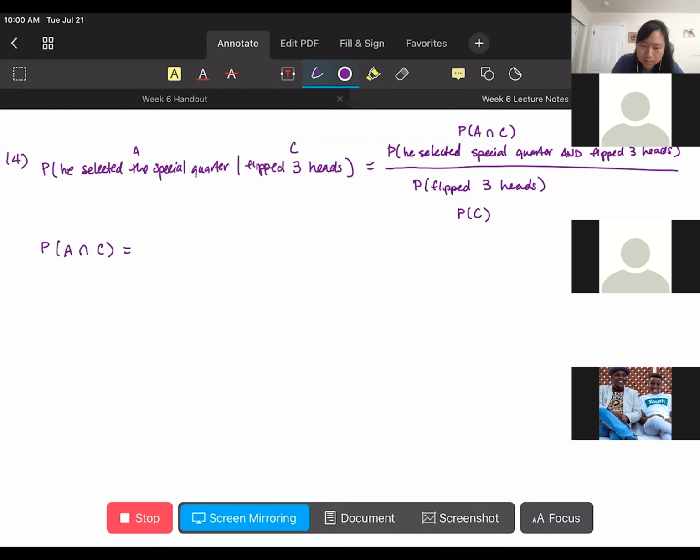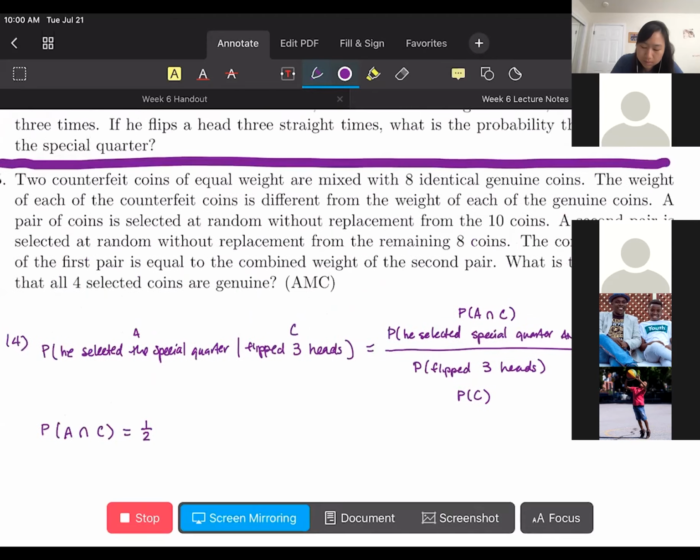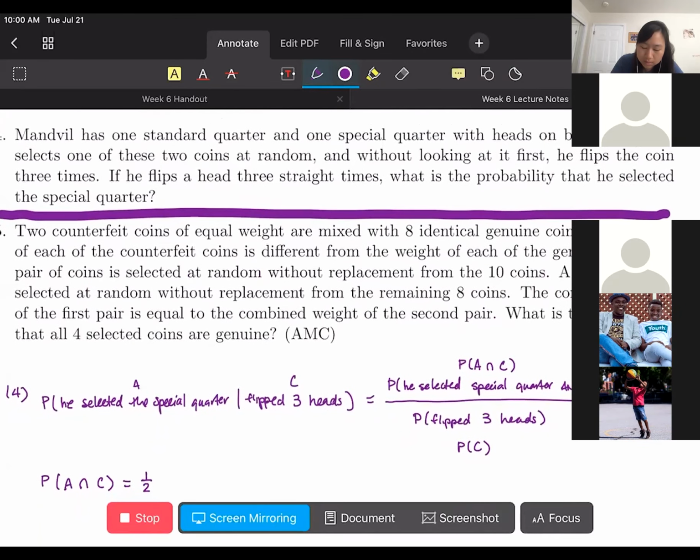And the probability of getting 3 heads in a row on a standard quarter is 1 out of 8. So it's 1/2 times 1/8, which is 1/16.